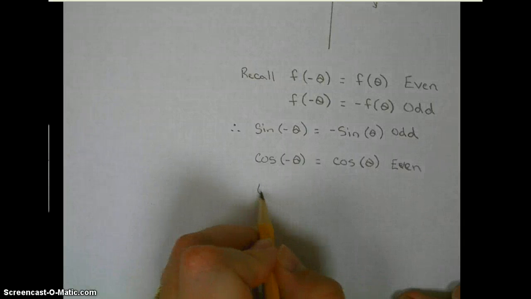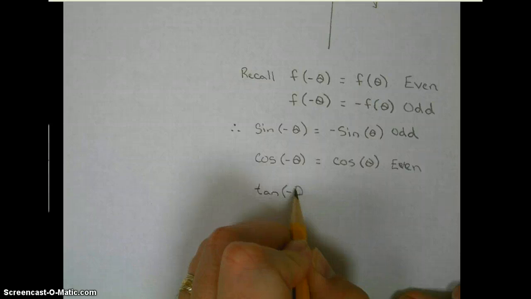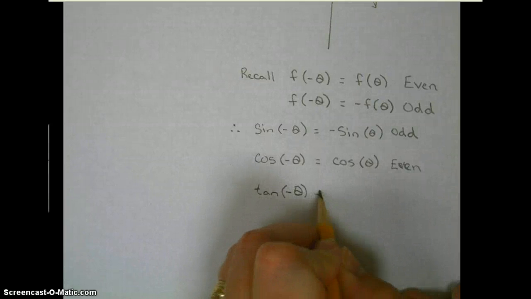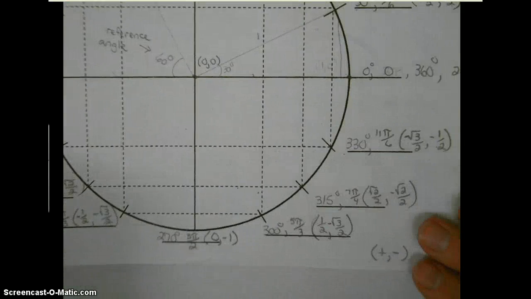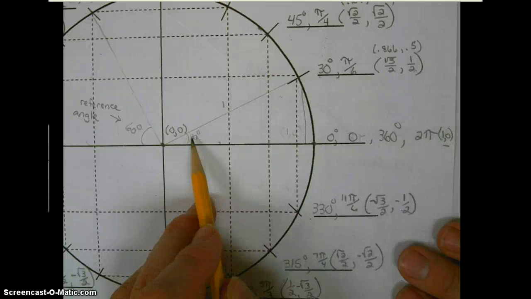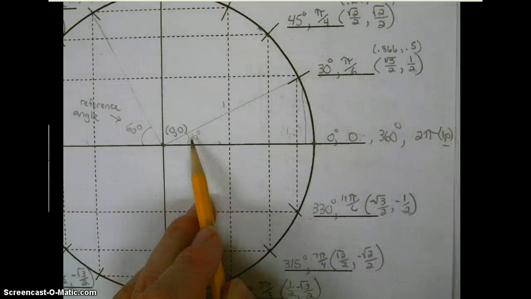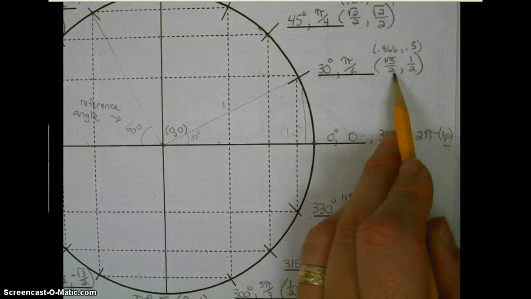All right, tangent. So if we input a negative, what do we get out? Well, let's take a look. Again, if we use 30 degrees, and we put in y over x, it's going to be a positive output.